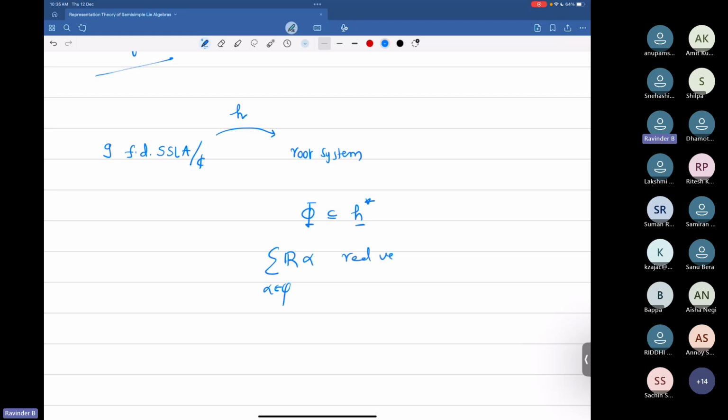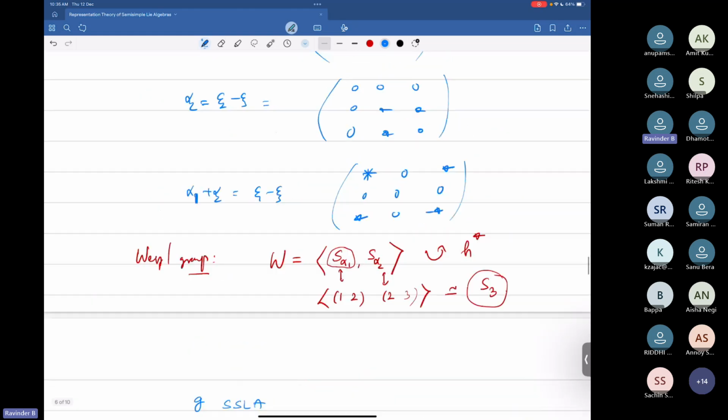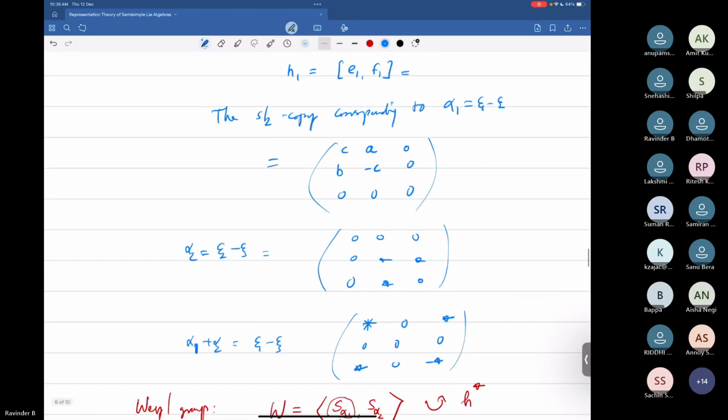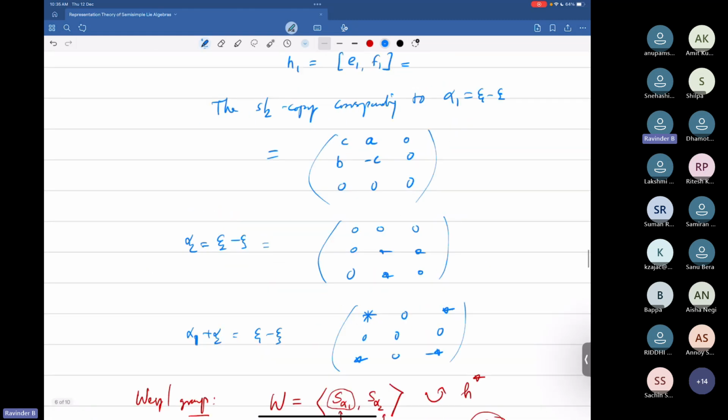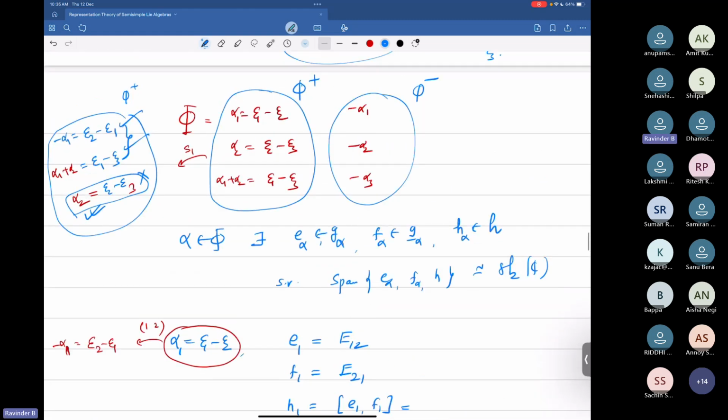What is the dimension of this space? The dimension equals how many linearly independent roots there are. In the SL3 picture there are 6 roots, but among the 6 roots only 2 are linearly independent, or any 2 of the simple ones are linearly independent. Everything depends on them.